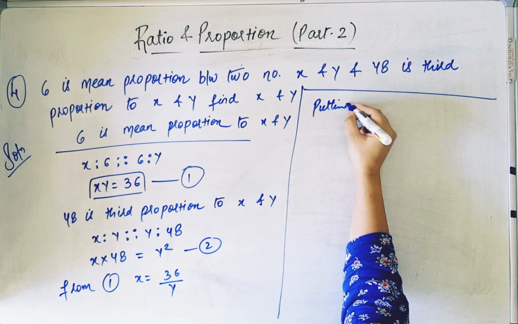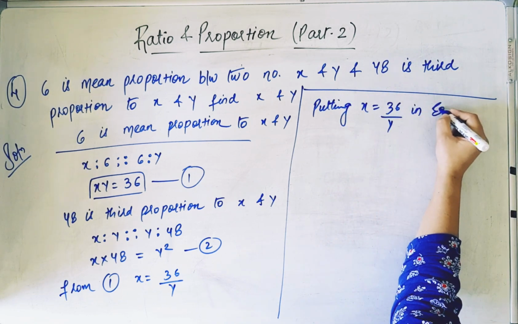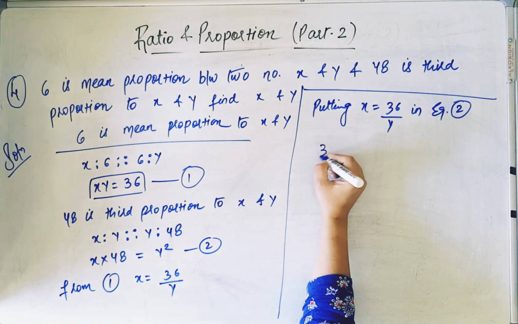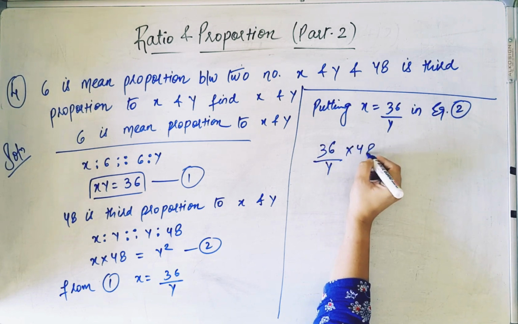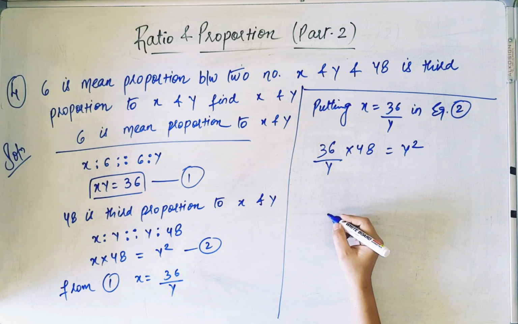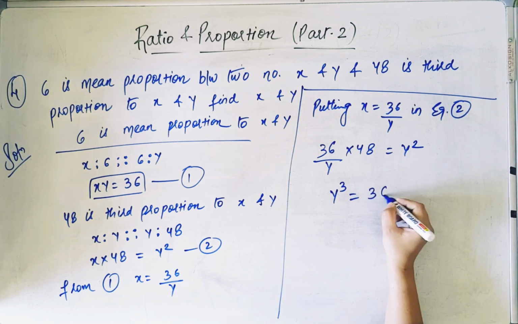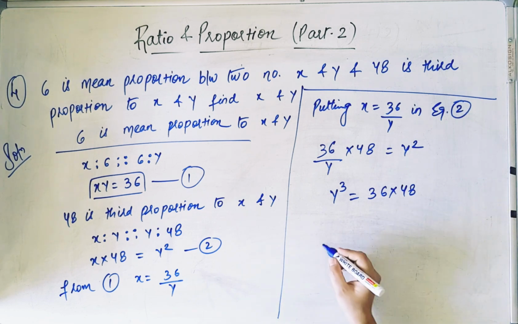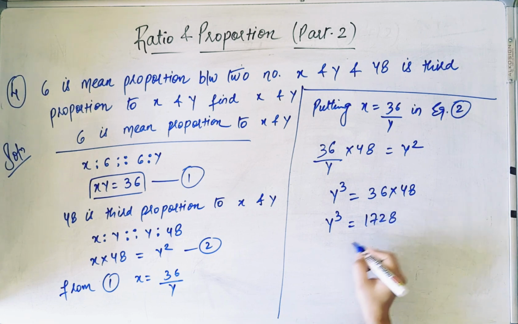So we'll put this in second equation, putting x equal 36 by y in equation number 2. Thus we'll get 36 by y into 48 equals y square. So y cube will be equal to 36 into 48, और जब हम 36 into 48 को solve करेंगे तो we'll get 1728.